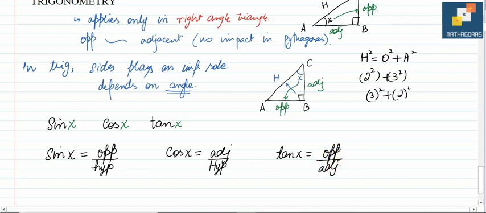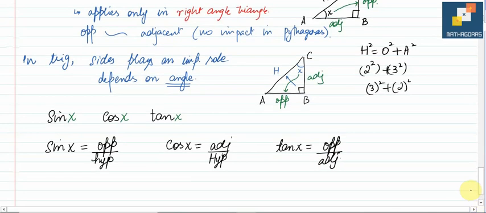So there are three basic working formulas to remember: sine, cos and tan. And there is one short trick to remember these three working formulas. We read it SOHCAHTOA.